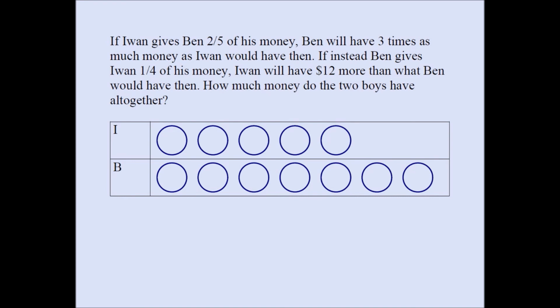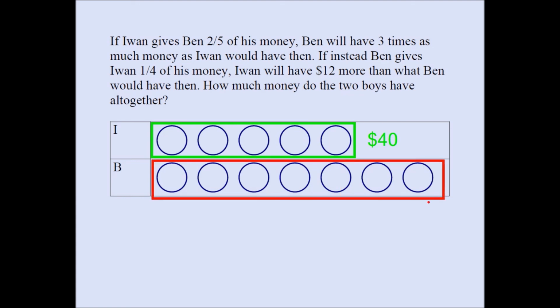That tells me that originally Ivan had 8 times 5 or $40. And Ben originally had 8 times 7 or $56.